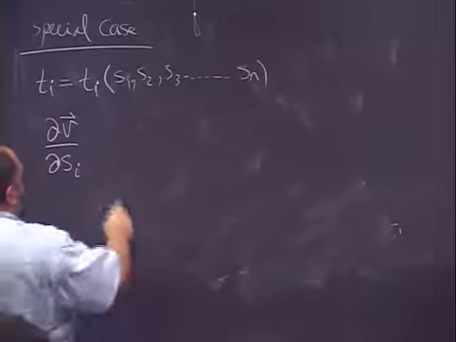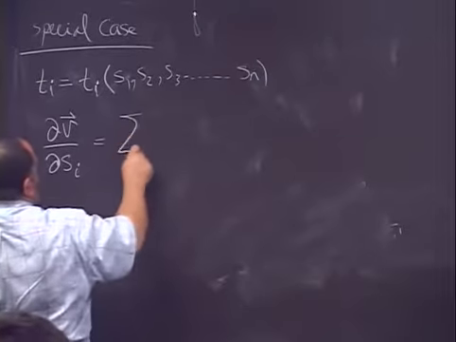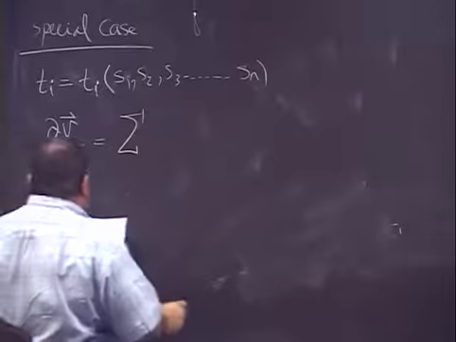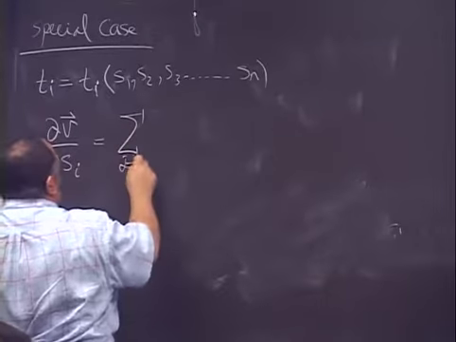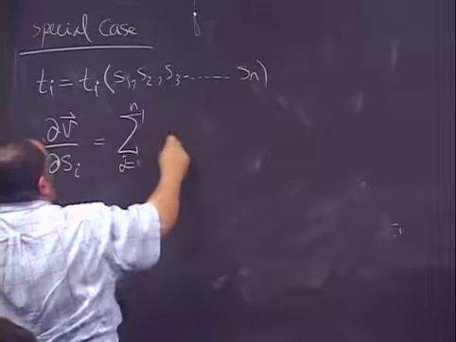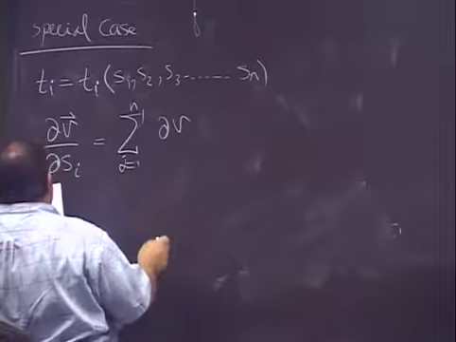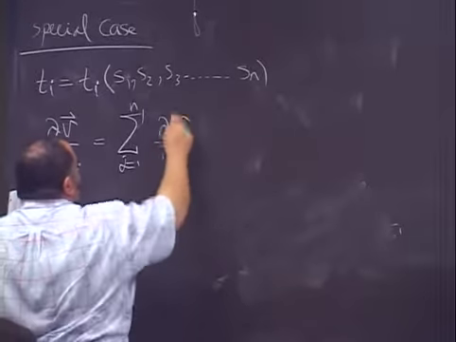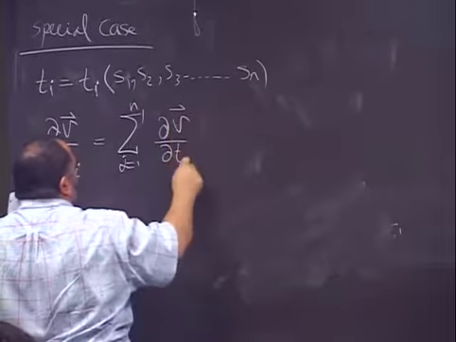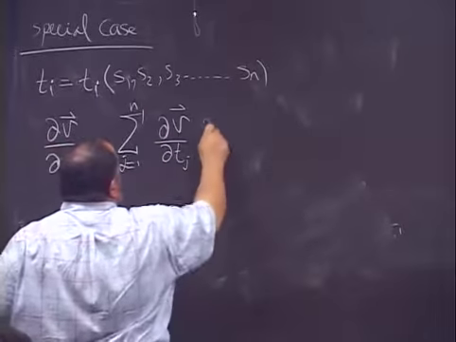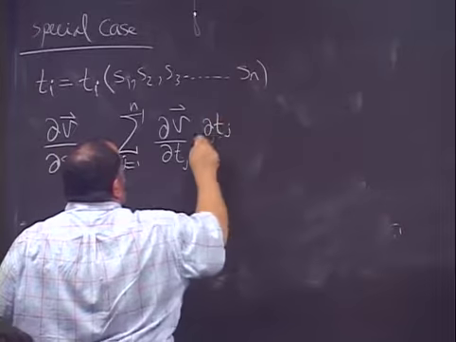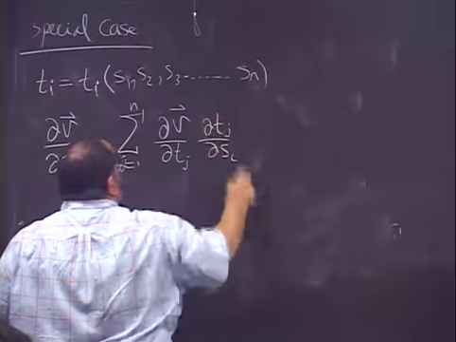So this is just the summation over j equal to 1 to n of dv as a vector with respect to tj multiplied by dtj by dsi.